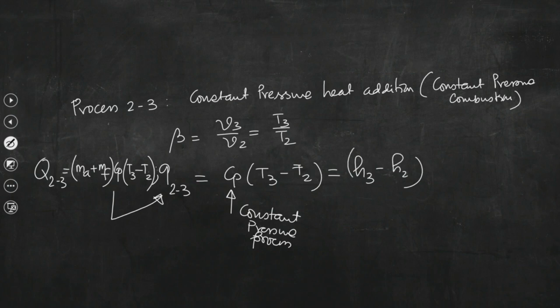What about work done? If we recall the combustion process for the Otto cycle, we could write Q23 equal to Cv into T3 minus T2, that was a constant volume process. So, instead of Cp we could write Cv, and there was no work done. But this is a constant pressure process, so what will be the work done?